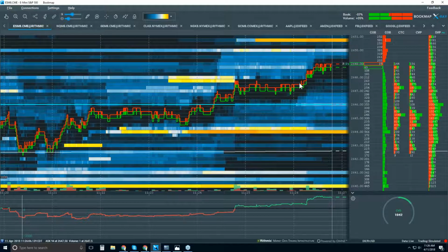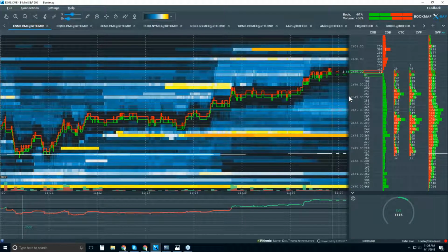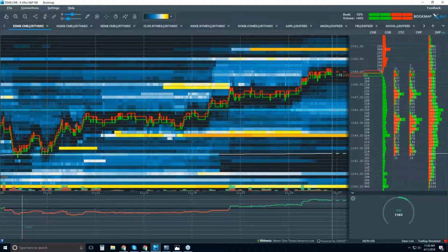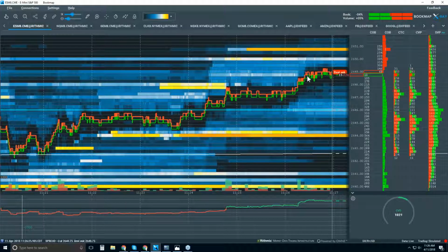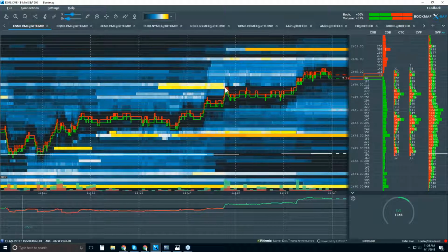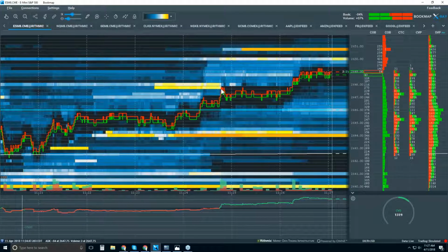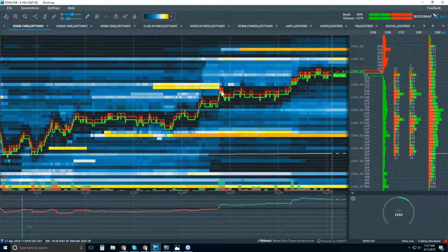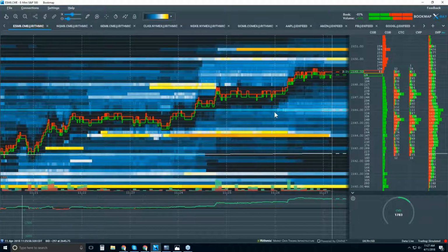Let's see if we can get maybe a pullback into some of these levels here. But buyers are looking pretty strong. I mean, I wasn't anticipating that move there. I was anticipating a pullback since that's where we initiated that selling up here. So this is showing some strength. Anyway, let's just go through it.